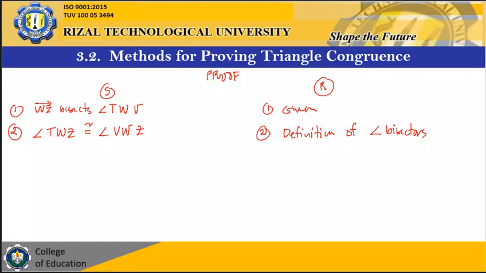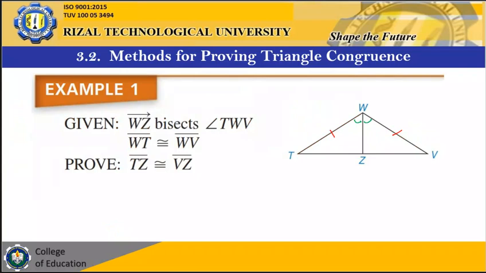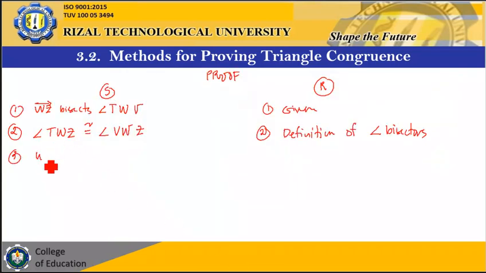Now from the given figure we can also say that WT is congruent to WV, which is the information coming from our given.